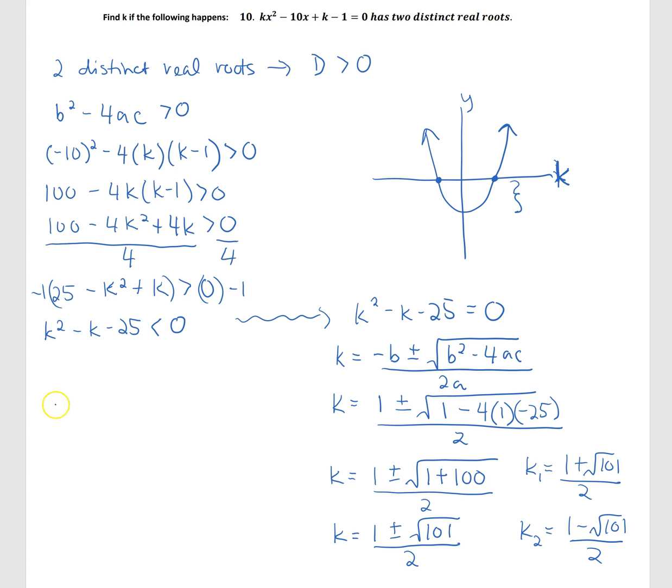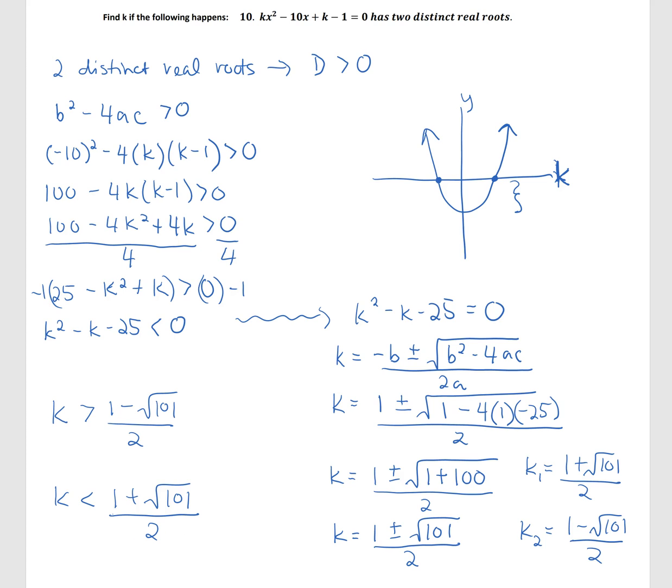So for our inequality, we're saying that k has to be greater than 1 minus the square root of 101 over 2, and k has to be less than 1 plus the square root of 101 over 2.